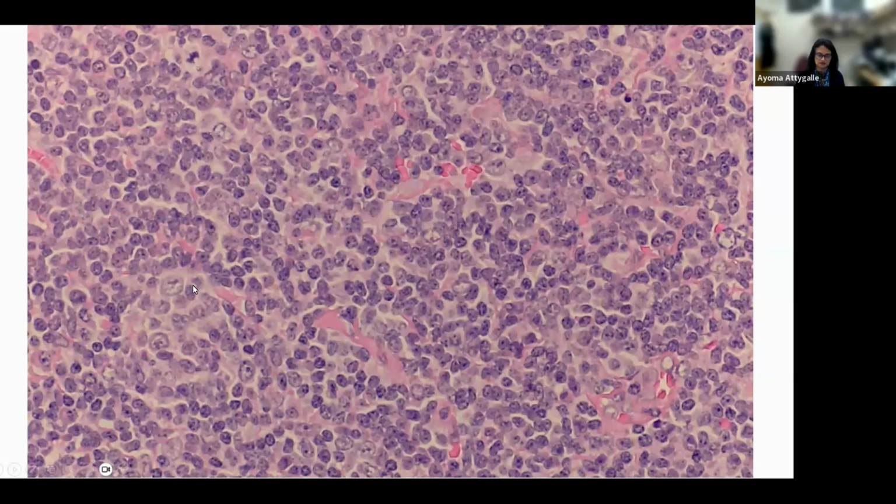But there are these areas where there's a well-demarcated sort of spherical areas which contain some large cells, and these are centroblasts, and mixed with some cells which are more irregular, the cleaved, I would say. But again, it's not that they look like a different population to the main population that you're seeing here, but size-wise, not very different.